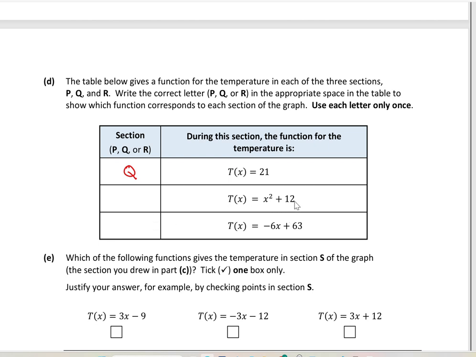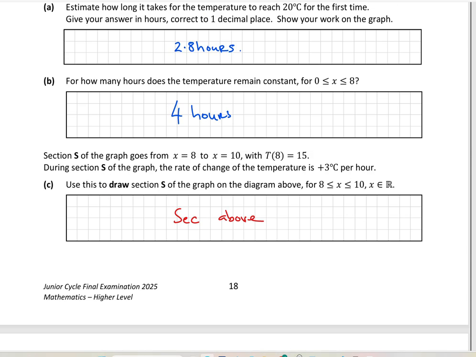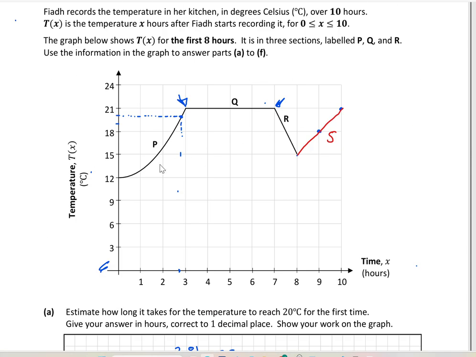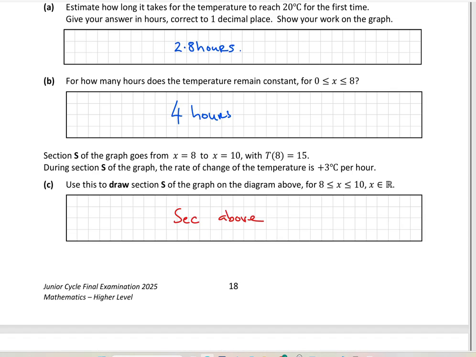x squared plus 12. I think that's going to be this one here, because if x is 0, it's plus 12, and if x is 1, 1 plus 12 is 13, so it's going to be P. Then 2 squared is 4, plus 12 is 16. Yeah, that's right, so P is the right answer there.